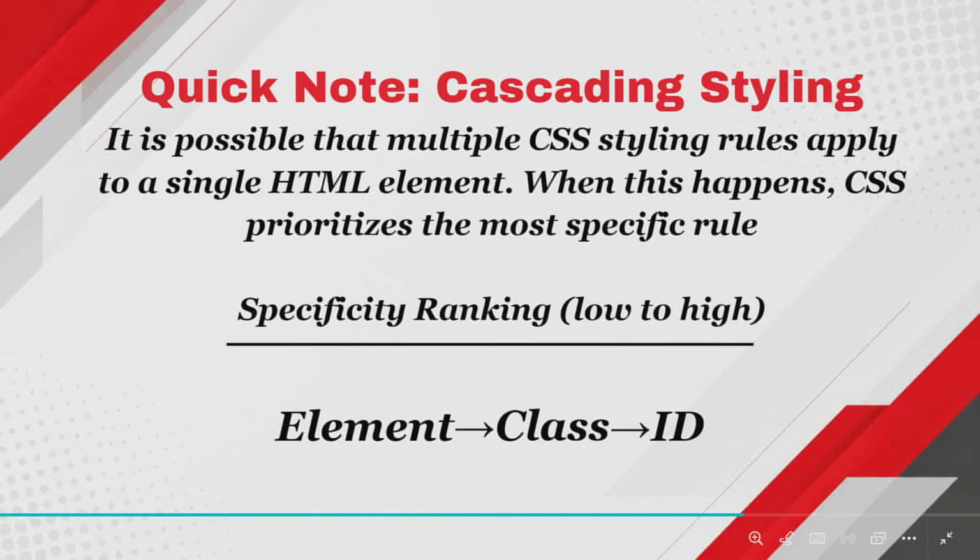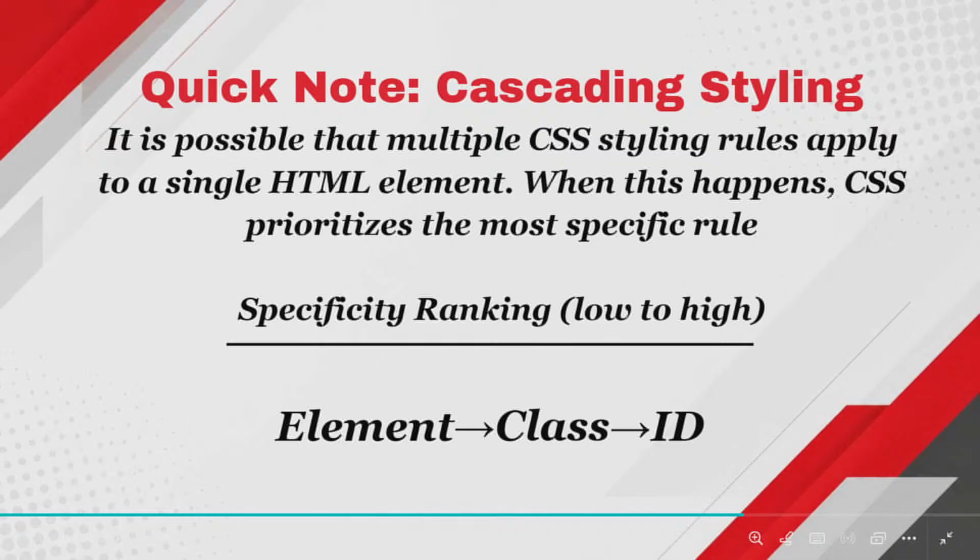Which rule do you think the CSS would pick? Say I have two different styles for the text, the H1 style and the class style, and an element that is both an H1 and falls in the class. Which formatting rule do you think it would go with?